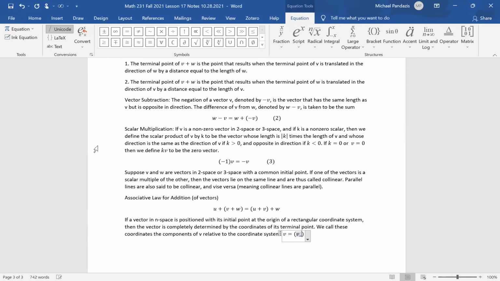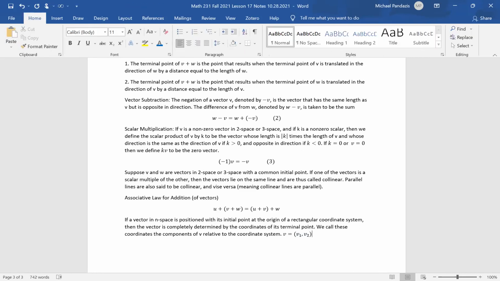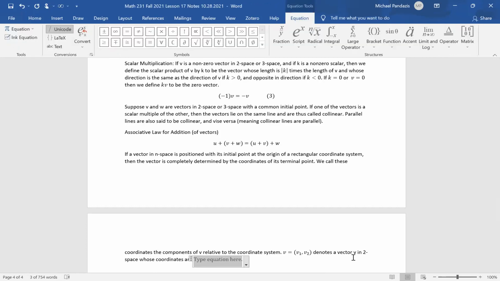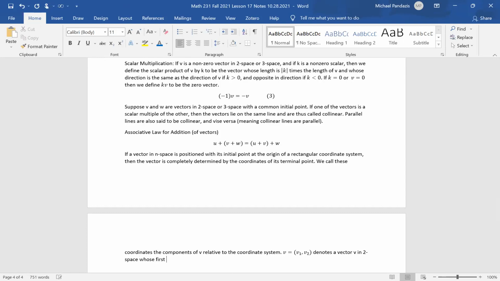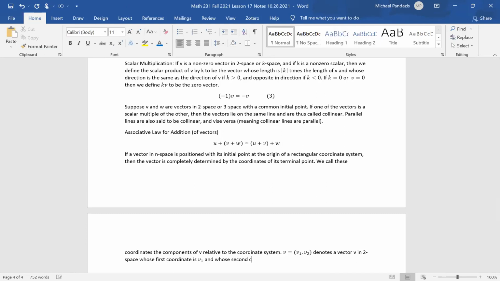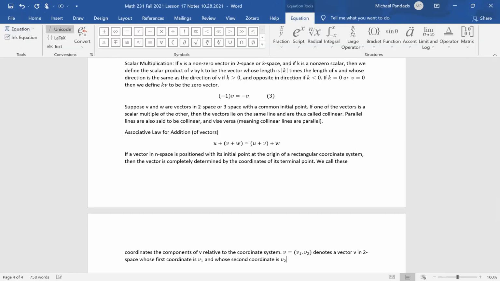V equals the vector V1, comma V2, denotes a vector V in 2 space whose first coordinate is V1 and whose second coordinate is V2.